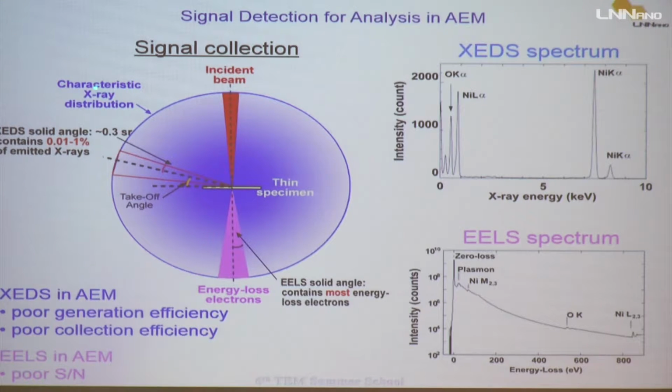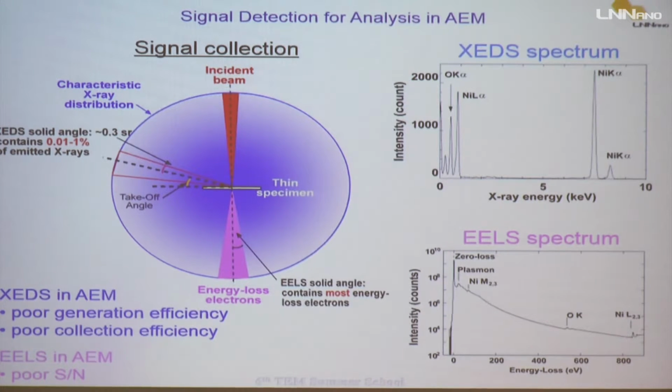But for the X-ray collection, we have a different situation. We have all the X-rays being emitted at all these angles, and we need to choose a specific place to put your spectrometer and collect them. You had lectures on the instrument last week, so you know that the space inside the pole piece of the microscope is very, very limited.